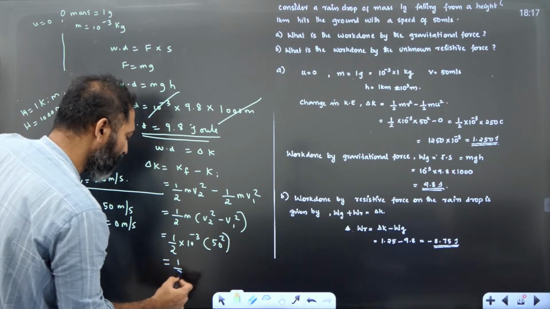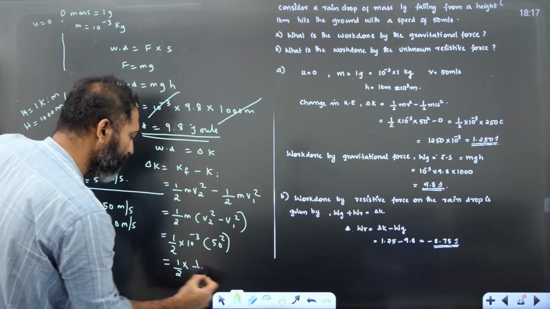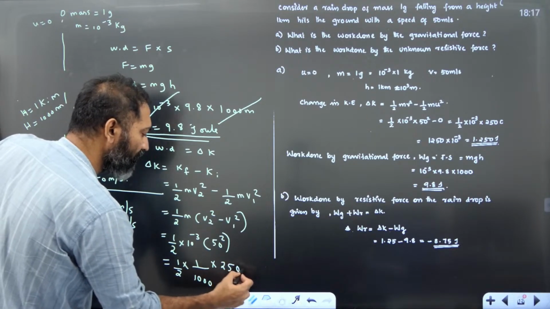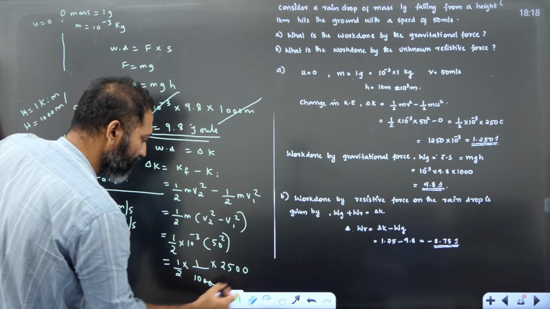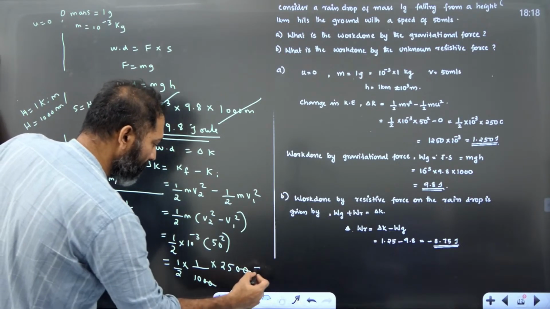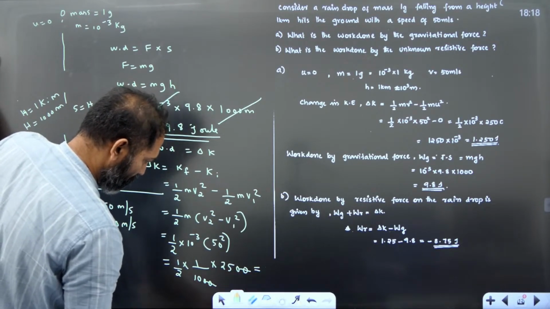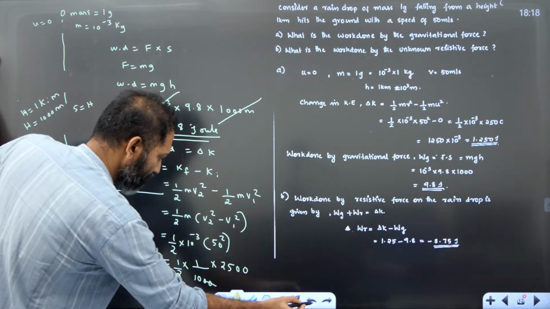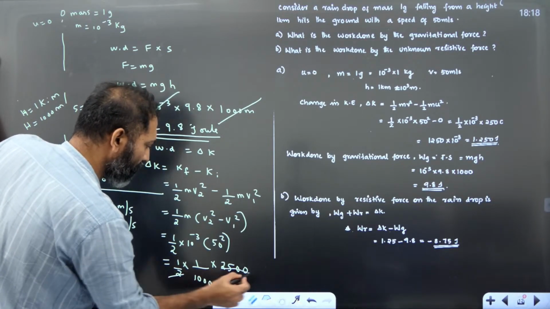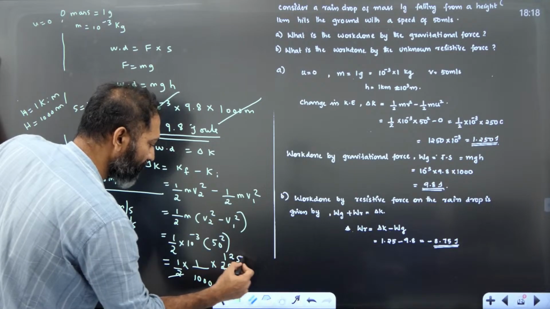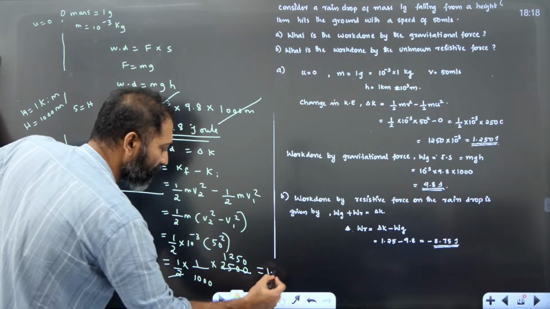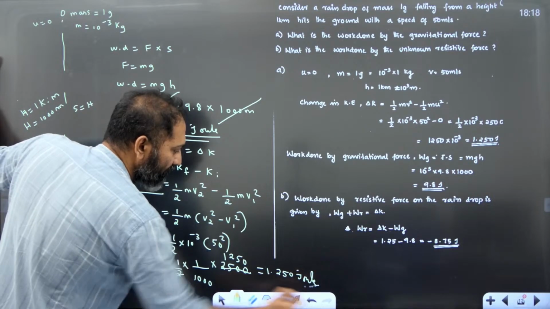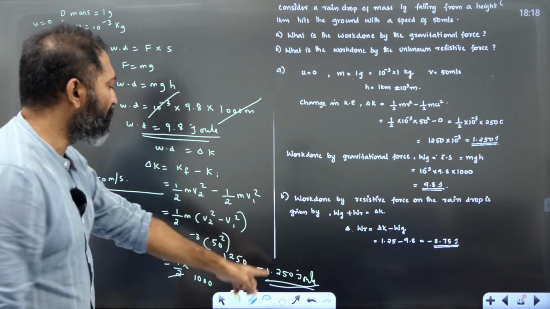So half into 10 raised to minus 3 is 1 by 1000, into 50 square, which is 2500. So 1250. 1250 by 1000 is what? 1.250 joule. See, 1.250 joule is the changing energy.